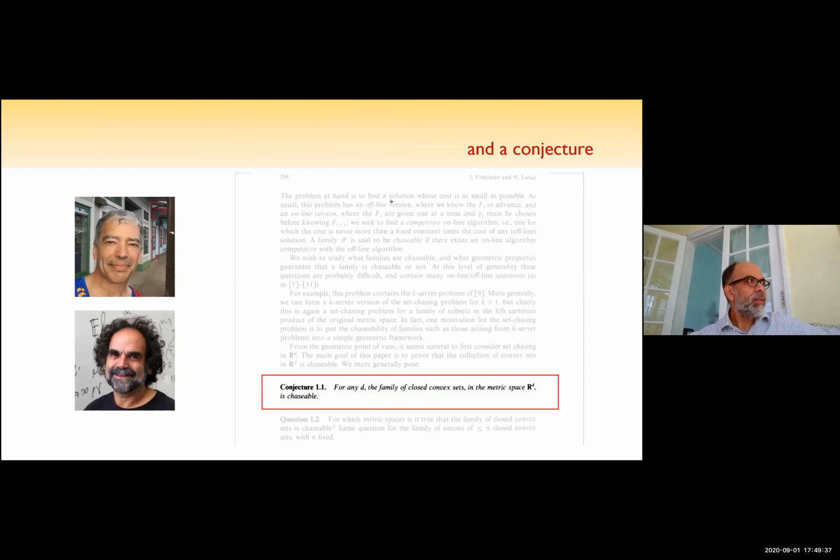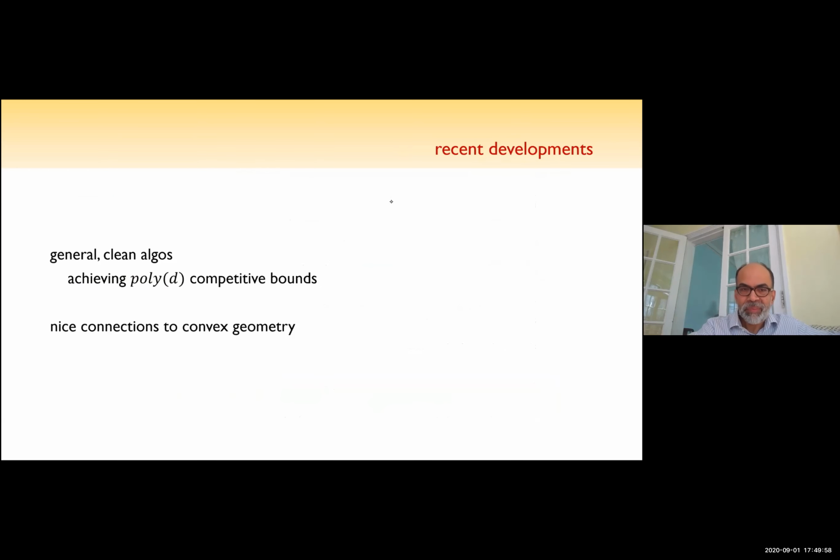So basically, chaseable is just their shorthand for saying there is a comparative ratio which is independent of everything else, only dependent on the dimension. Right. Perfect. Good. There is some amount of jargon, so do slow me down. I'm happy to.